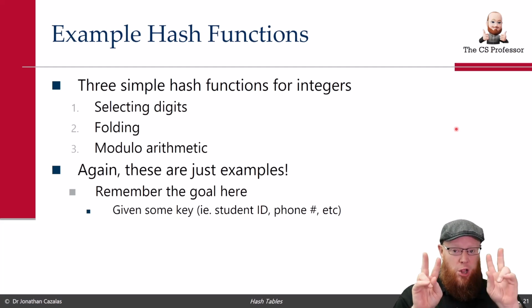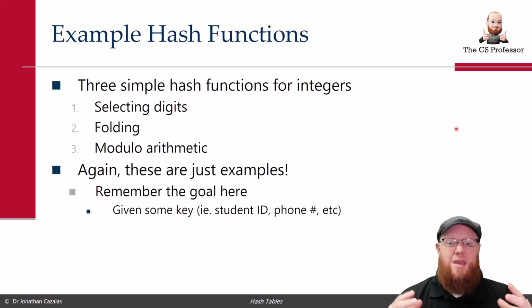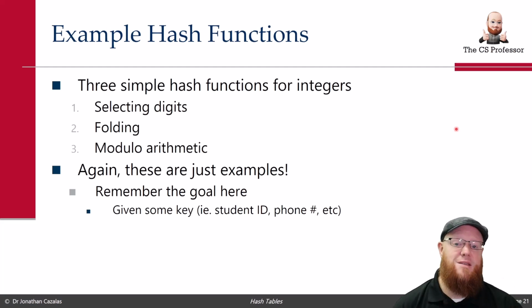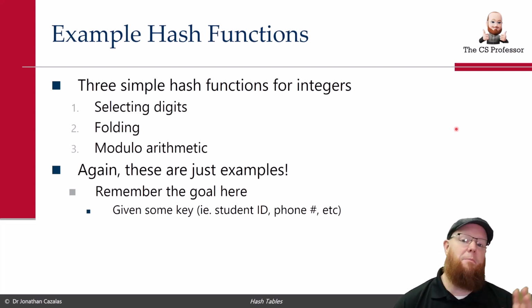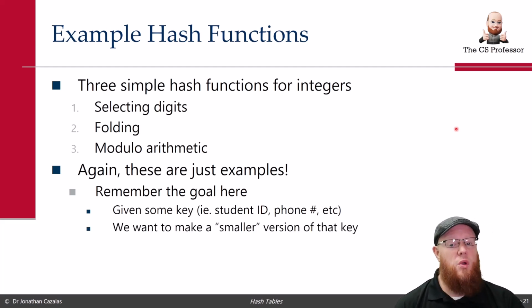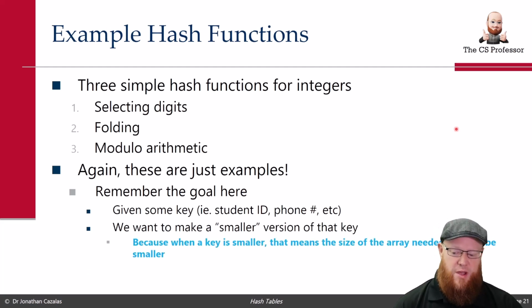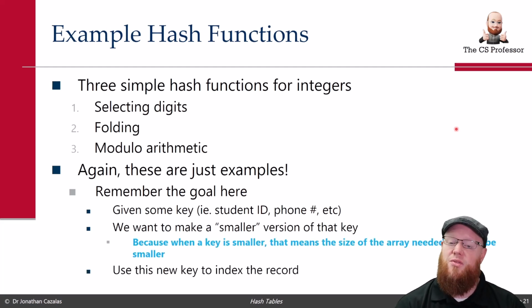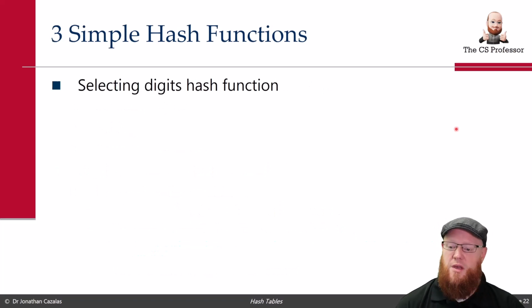Taking some large key, some key that would be so large that if we used it as a unique index into this array, we would end up with a direct access table with maybe a billion entries to store 2,000 people, which is a disaster. The goal is, given this key, we want to make a smaller version of that key to have a reasonably sized array, right? We're then going to use that key to store information at that particular index, or to search at that index for a particular user and what have you.